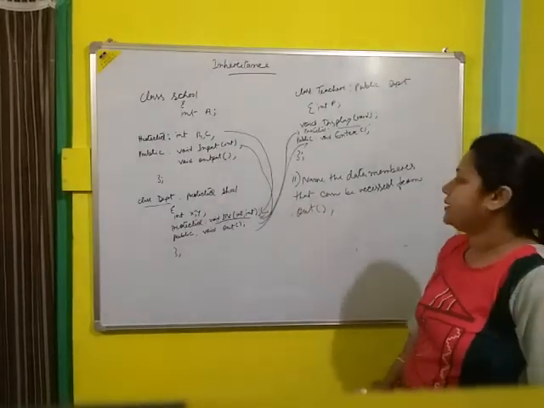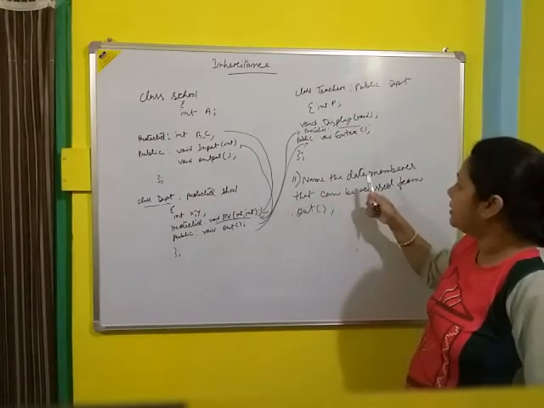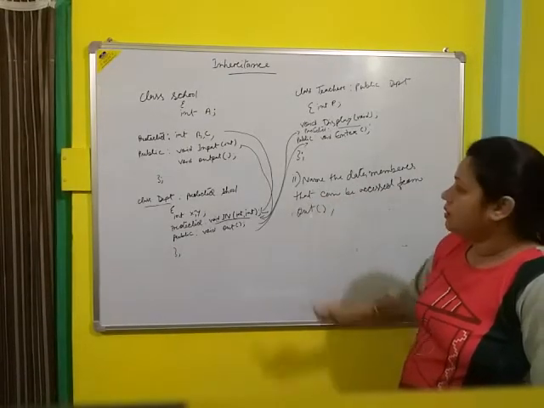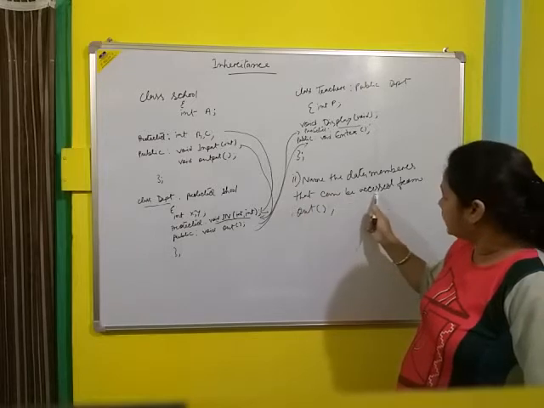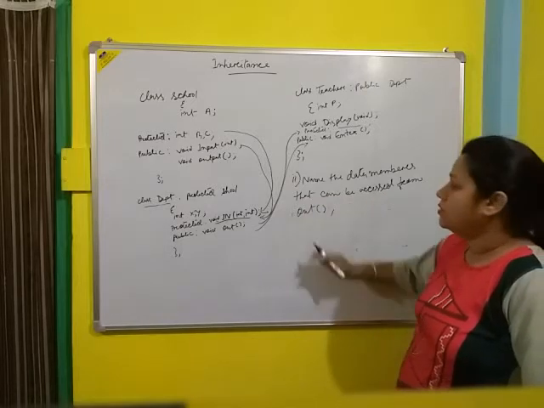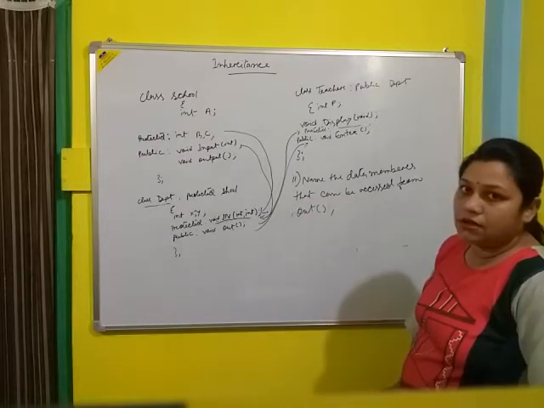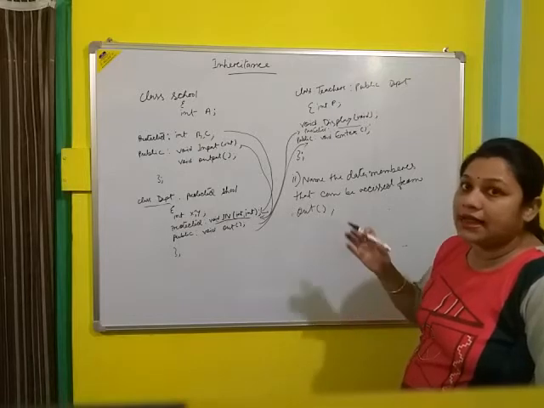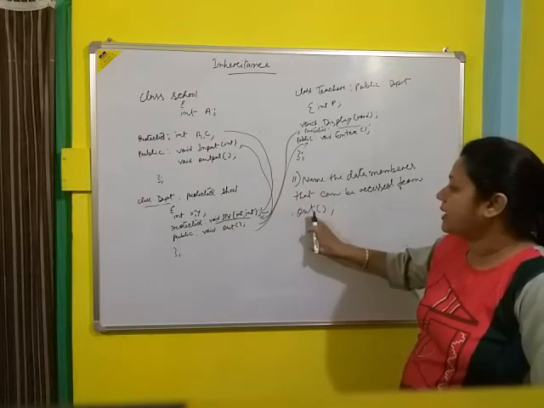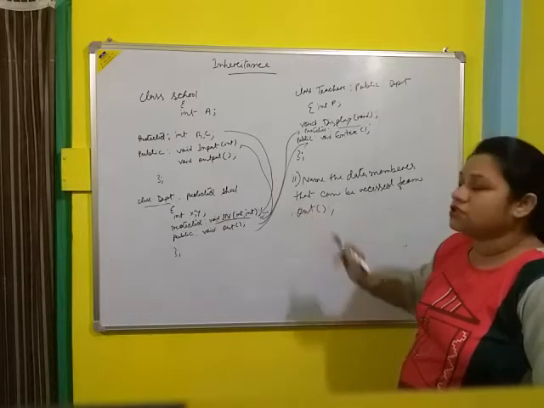Okay, so what is the question? Name the data members that can be accessed from out. So out is a function. Now you have to answer the data members which can be accessed by the function out.